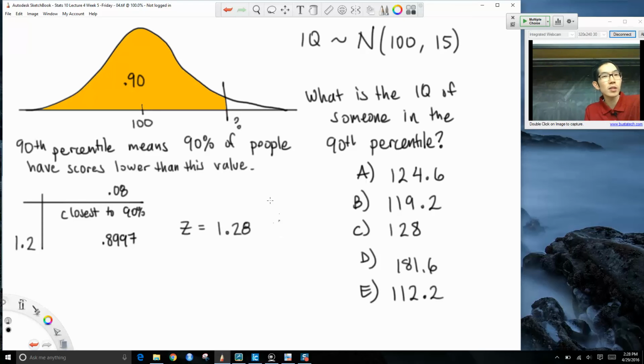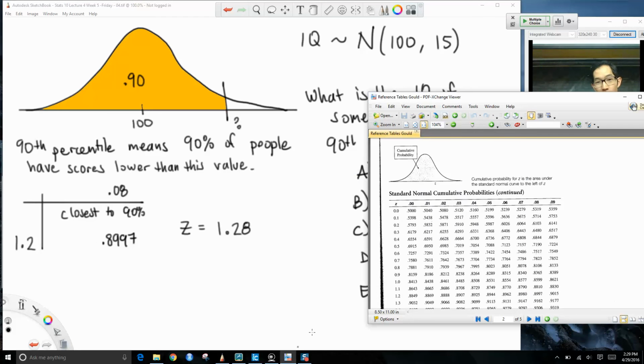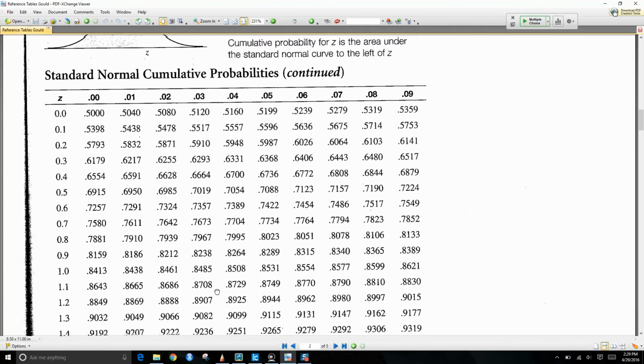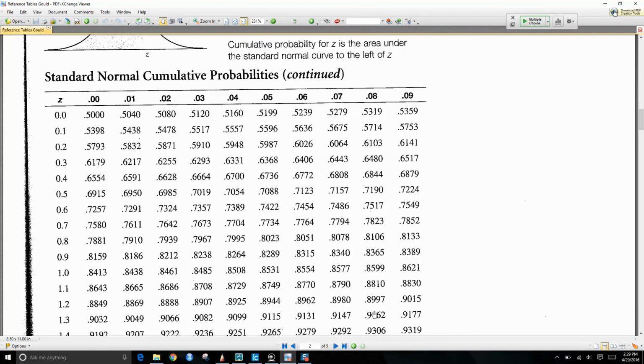This is, I guess, the hardest part of the problem, so I just want to make sure everyone's okay with this. A few of you missed this problem, so we're trying to find the value closest to 90% in our table. When we look, we don't see 90% exactly, but we see 0.8997.